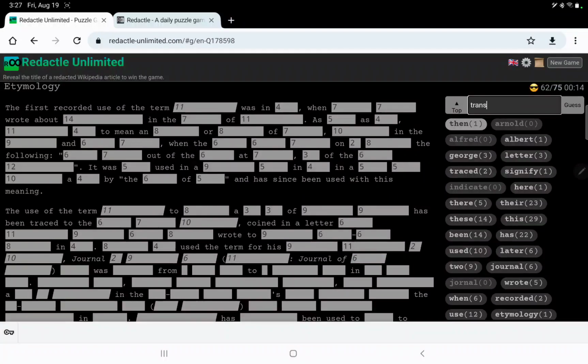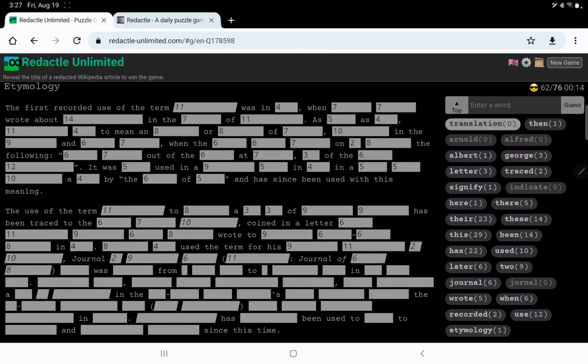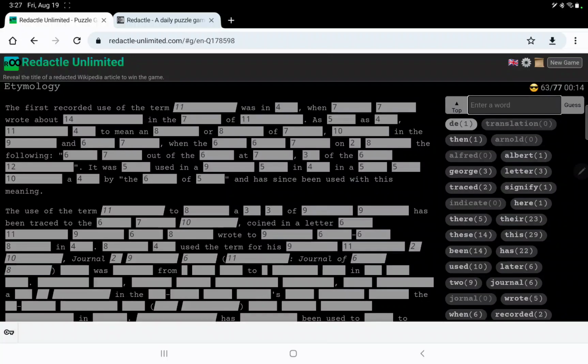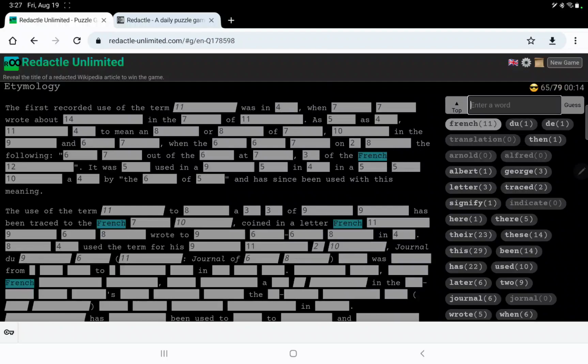Oh, maybe translation is that 11-letter word. No. Journal of 6, 6. So is that journal de or journal du? Okay, so it looks like we're writing in French. Coined in a letter French.